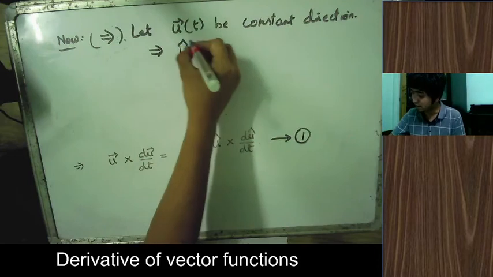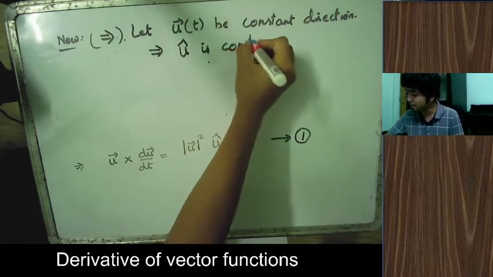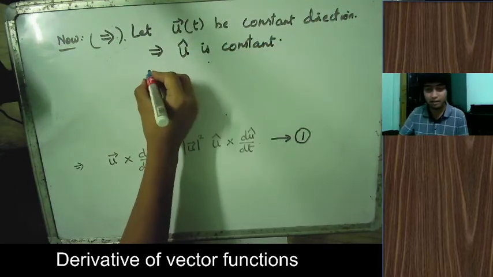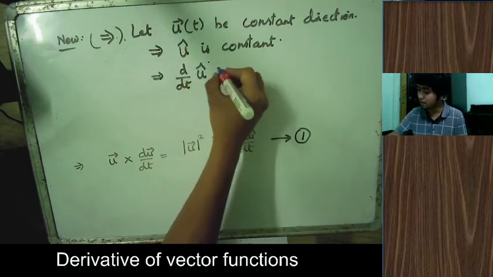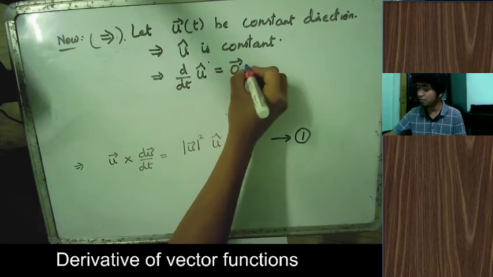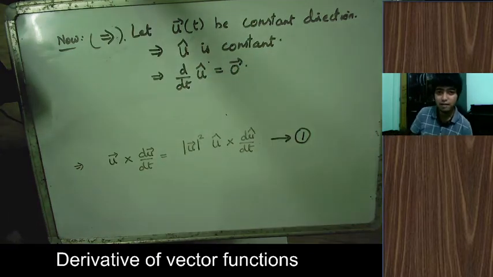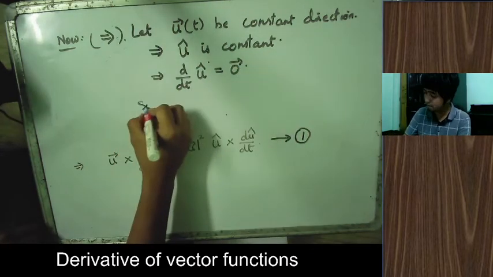This means that this one is constant, so d/dt of u cap is equal to the 0 vector.